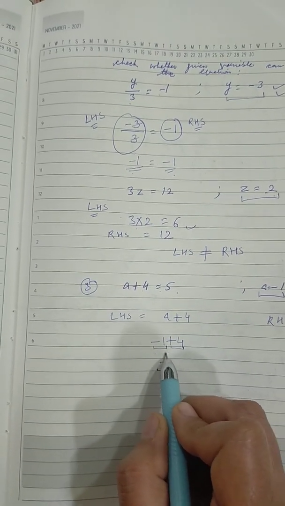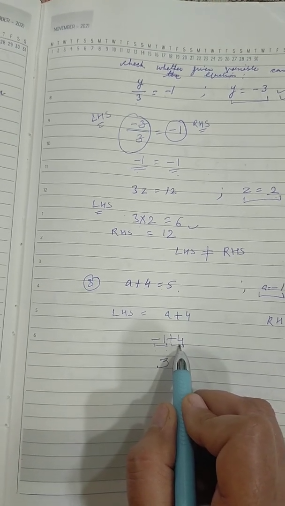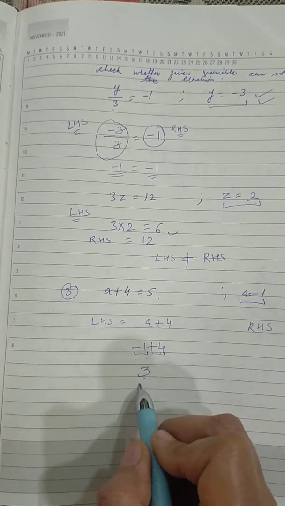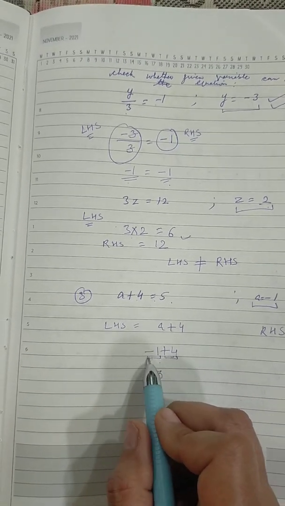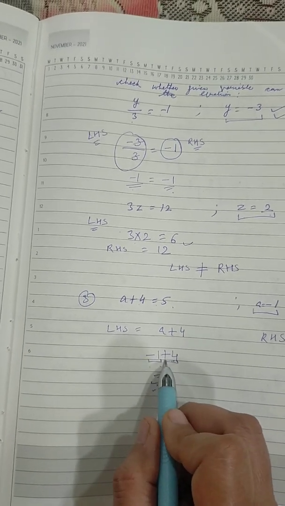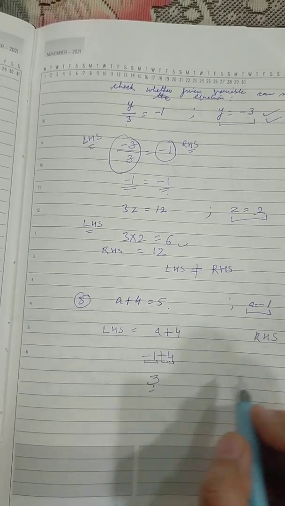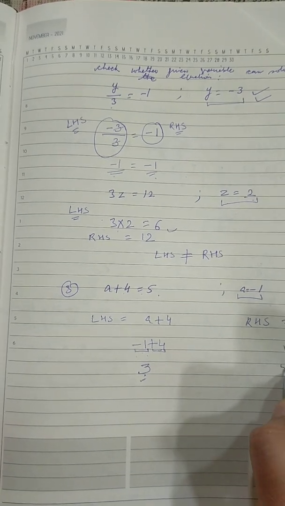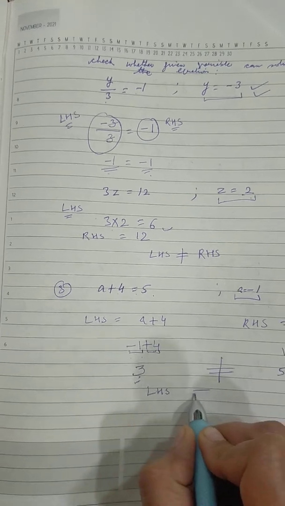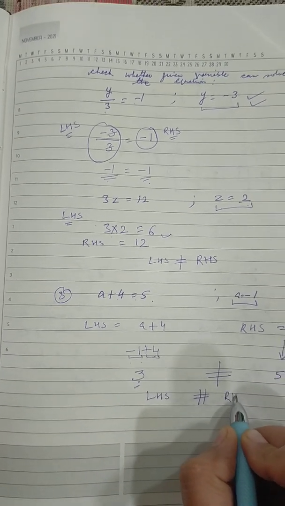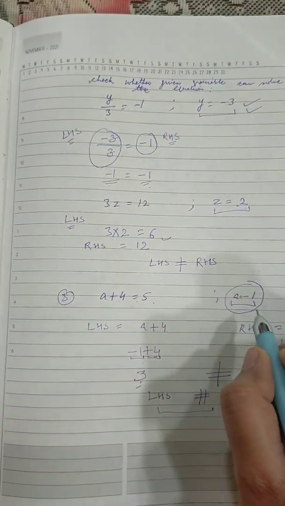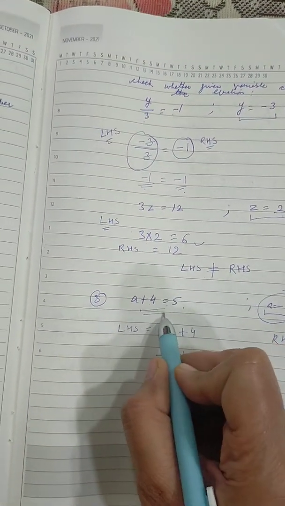When we are adding or subtracting, we have to see which term is bigger, and the sign of the bigger number will be used in the answer. So my answer is ultimately 3, because 4 is bigger than 1. So 4 minus 1 is 3, and the sign of the bigger number is positive, so it's 3. But my right hand side says it should be equal to 5, so these values are not equal. Left hand side is not equal to right hand side, so I can say that this value of a, minus 1, is not the solution of this linear equation.